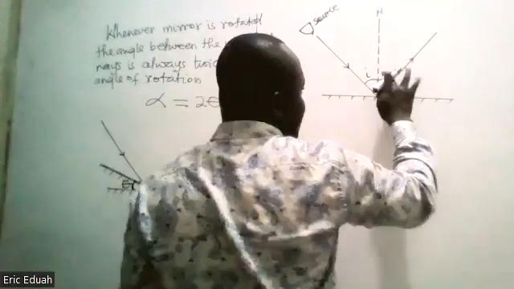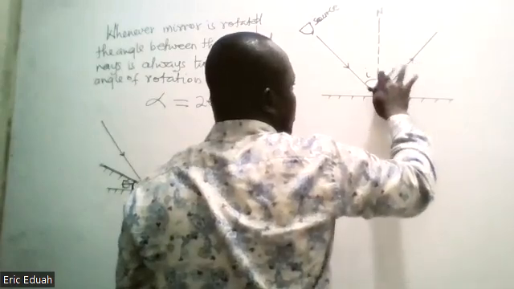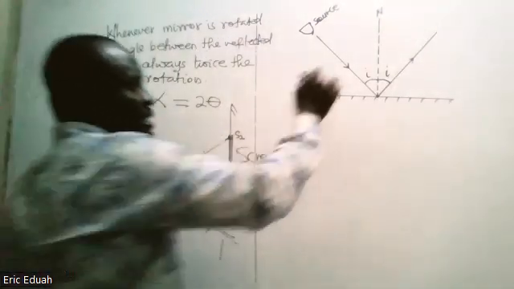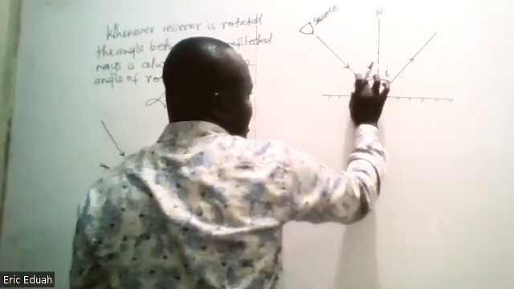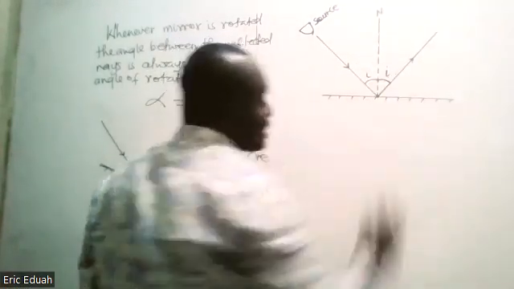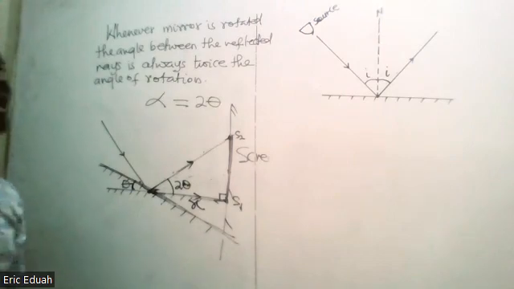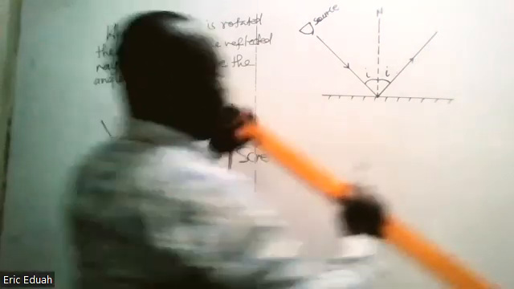So we can clear this and call this I as well. Equally, we can clear this and call it R. The value is the same because I is equal to R. Are we okay? Yes, please.